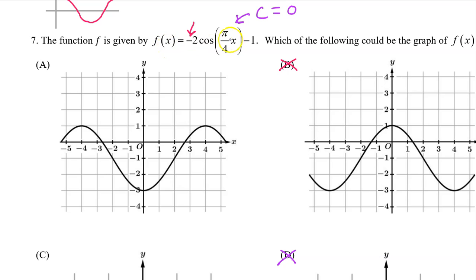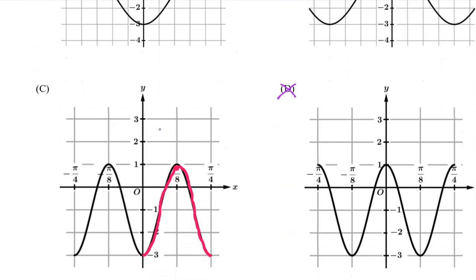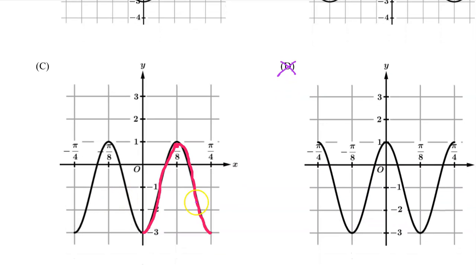Notice that f of x has a b value of pi over 4. We can use this to help us choose between option A and option C. So take option C for example. Let's calculate the b value based on the graph. We know that the b value will equal 2 pi divided by the period.